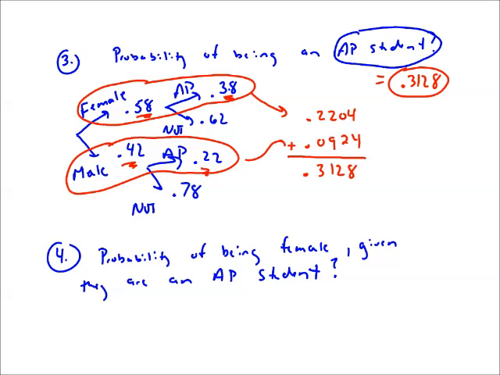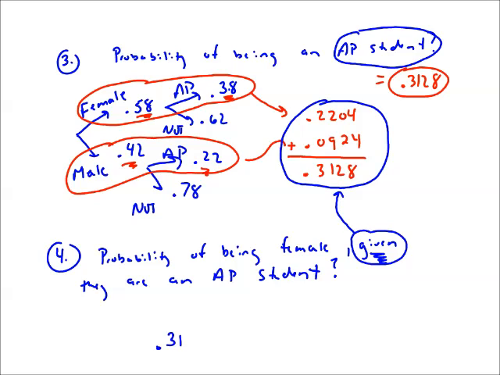So we look at given, that means conditional probability. The condition is AP student. So we look at only the condition. So we only look at AP student. Well, that's what we just did on number 3. Here's the condition. So we're only looking at AP students, which is 0.3128.